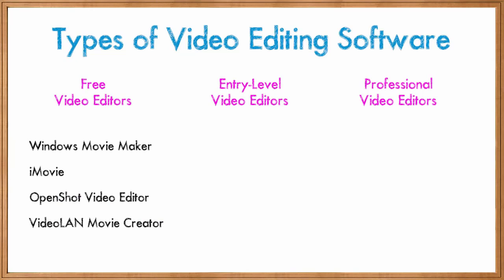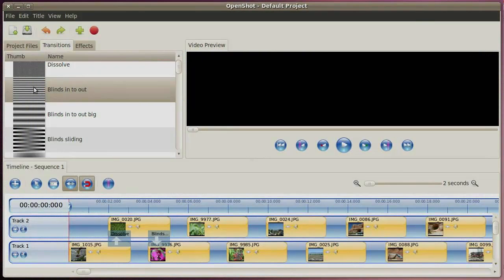Okay, now we're getting down to the open source apps. The third one on our list is called OpenShot Video Editor. So there are several open source initiatives out there. If you don't know what the open source movement is, it's just a collection of people who actually get together and make software for free.